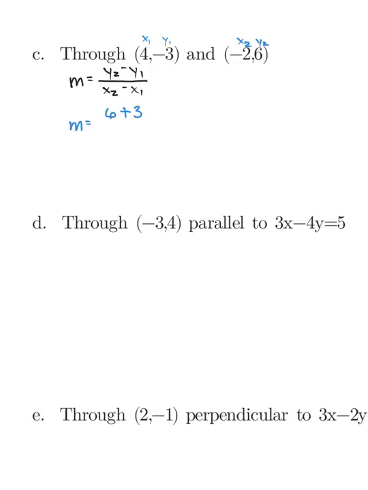I'm going to change that to a +3, since we have minus a negative, over, since I did right minus left on my y's, I want to make sure that I do the same thing on my x's. So we did 6 minus -3. For my x's, I want to do -2 minus 4.